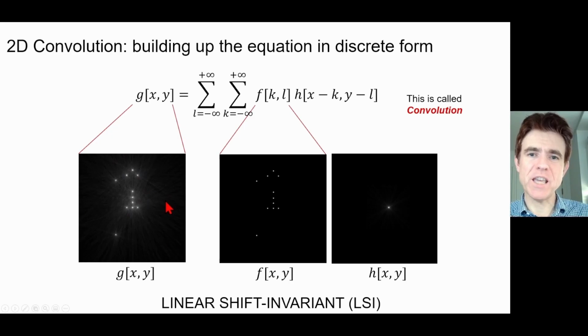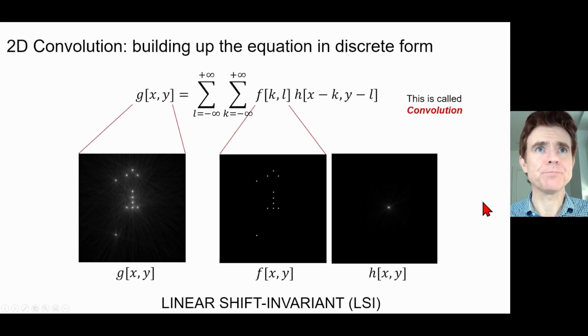Now, strictly here, there are going to be edge effects, and so this is shift variant, but the model of convolution is that the point spread function is exactly the same shape wherever you shift it to. It stays the same shape, or rather, wherever the point is inside the true object f, the point spread function in the output is the same shaped point spread function. It is merely shifted to the position of the point inside the true object.